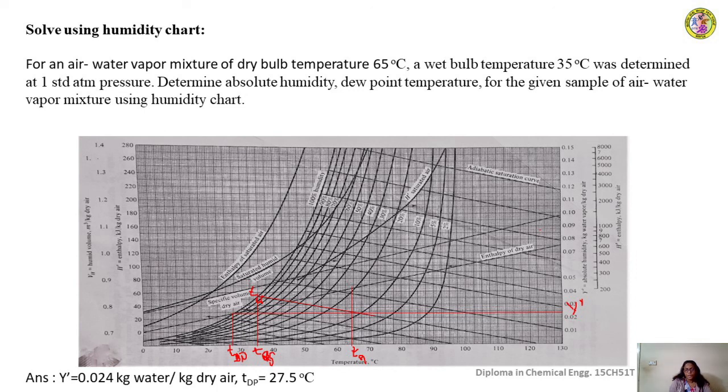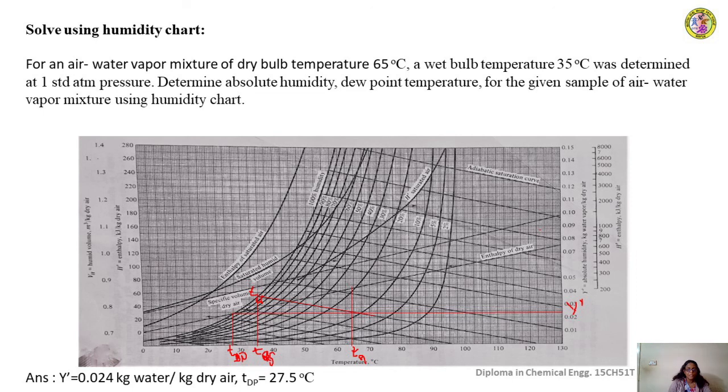Then the wet bulb temperature, 35 degrees centigrade, is marked on the 100% saturation curve. Since the wet bulb temperature and adiabatic saturation temperatures are the same, whatever value is given, 35 degrees centigrade, is TAS also.